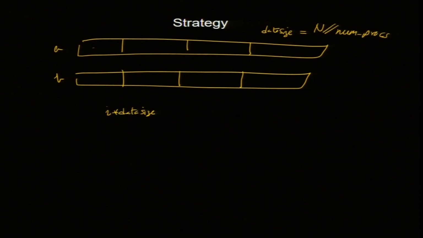Please keep in mind, the process index will start with 0 and go up to (i plus 1) star data size minus 1. Is that clear? So, that is my index.